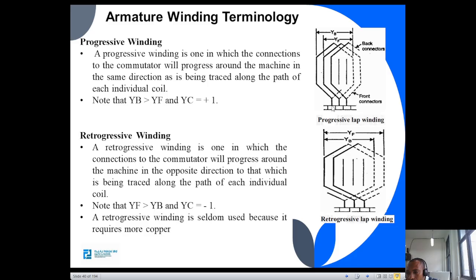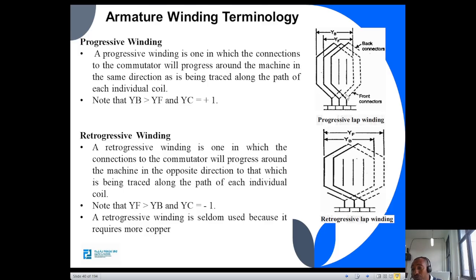The first coil starts at this segment and ends at the next segment, and again the second coil is connected to this point, and again it goes forward to the right side. Forward, again it keeps on continuing like this.